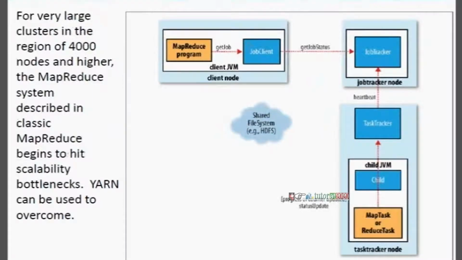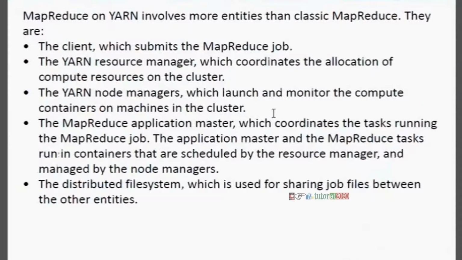If I submit a job, the job client calls the job submit method, and the resource manager already has the information, the heartbeat, everything. Then it finds the jobs, finds the data nodes, and directly submits the jobs to the data nodes. Previously the job tracker sent the jobs to the task tracker, and then the task tracker submitted the jobs to the respective data nodes. But here there is only one mission, and the resource manager alone takes care of it.